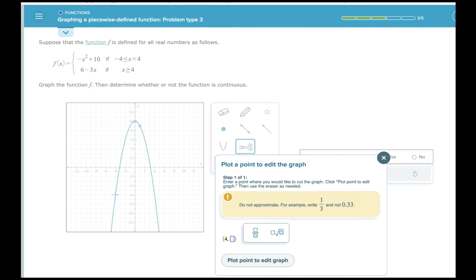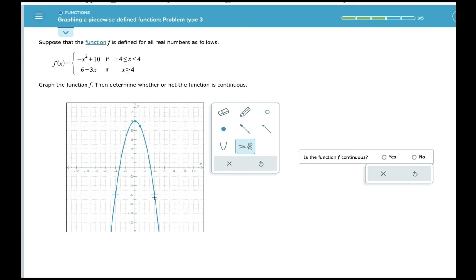I'm still going to get negative 6. If my point is not on my graph, it will tell me that, so I can decide where I made my mistake. I'm keeping the middle part, so I'm going to erase the ends. I will go ahead and put a closed point at negative 4, a solid point. And I'll use an open dot or a hollow dot at 4.